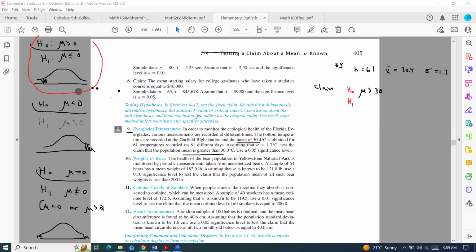I need to go for the opposite. The complement of greater is less than or equal to 30. It's always like that. And then we have a picture, basically a copy of what I already had, greater than 30, so it's somewhere on the right side.